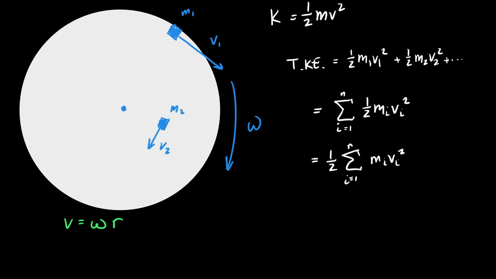So in the example drawn above, there is an R1 that could be used to describe where piece number 1 is. And there is an R2 that can be used to describe where piece number 2 is, and so on and so forth. Wouldn't there be an R for every single piece of the disk? So I think we could rewrite our summation with that in mind.